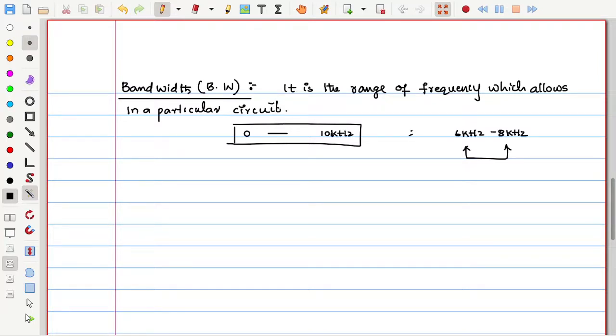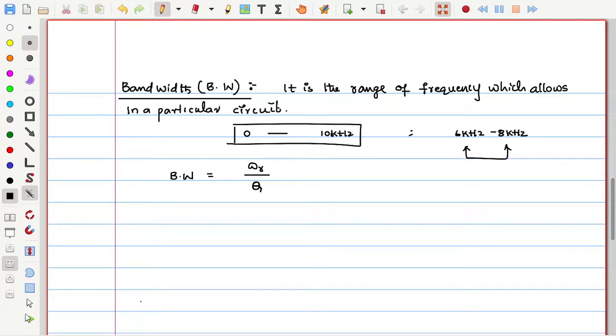Instead of this generalized way of understanding bandwidth, we can think in terms of known parameters. Bandwidth can be defined as the ratio between resonance frequency and quality factor.